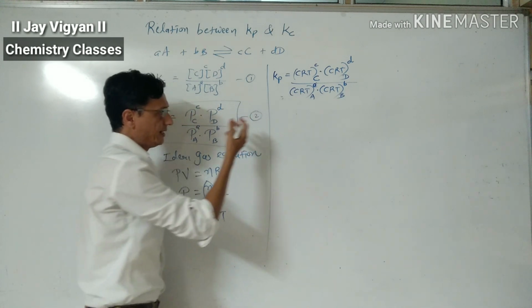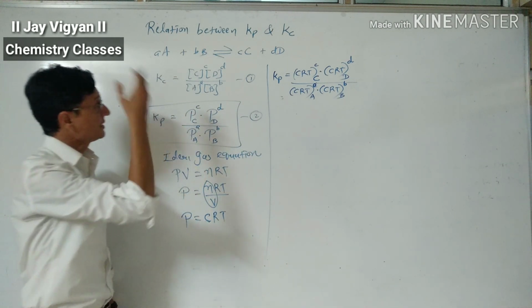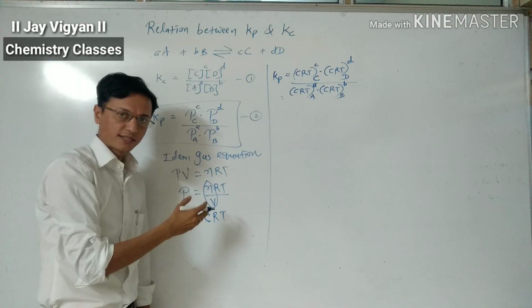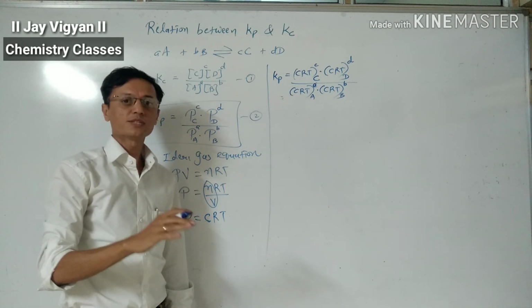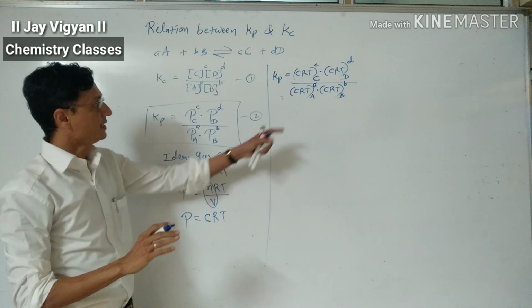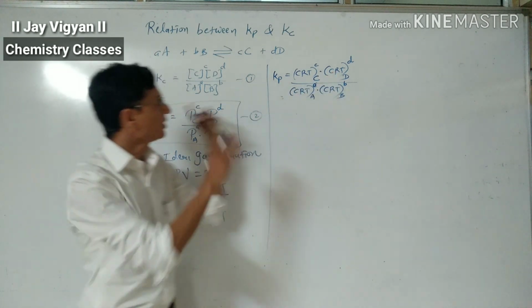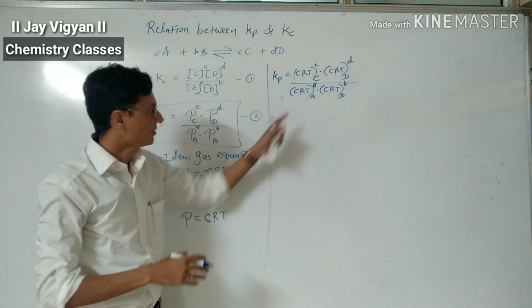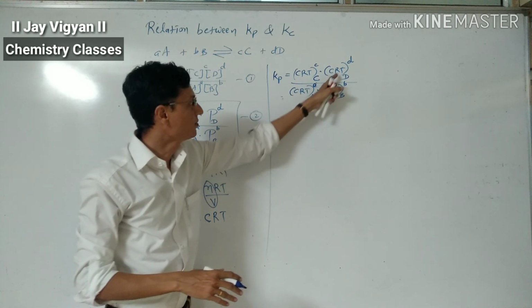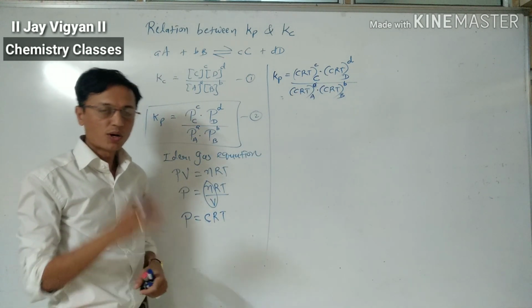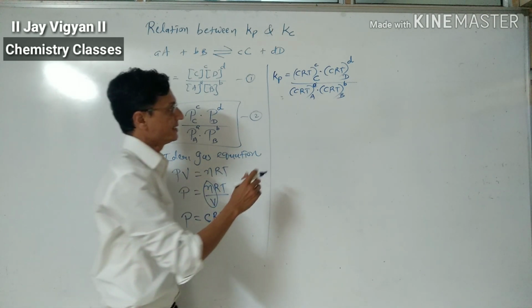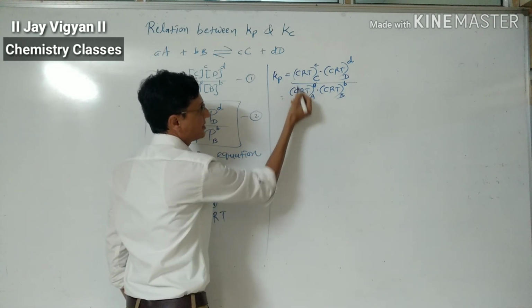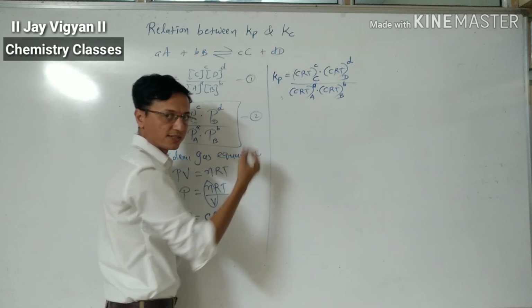Now in this particular reaction, which is in equilibrium, we know that temperature remains constant. So T will be constant for this reaction, and R is the universal gas constant. So R and T remain constant in this equation. Only the concentration changes.